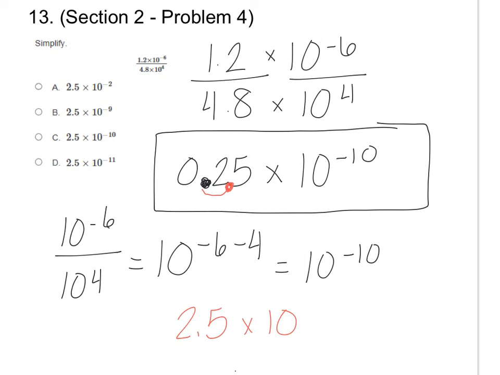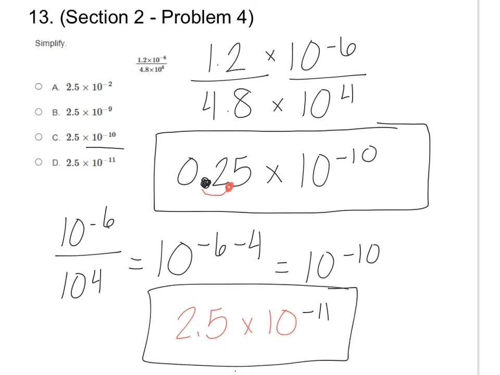To get my decimal point to go 1, 2, 3, 4, 5, 6, 7, 8, 9, 10 in the same spot, but since I've moved it one place to the right, I have to divide by 10 eleven times. So this is going to become a negative 11. Looking up here, 2.5 times 10 to the negative 11 is letter D.